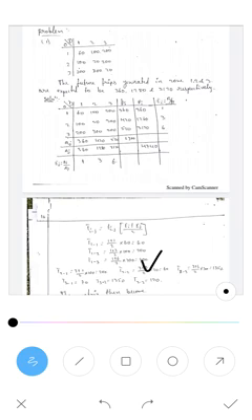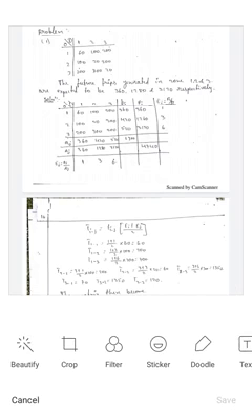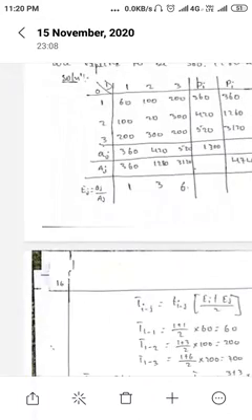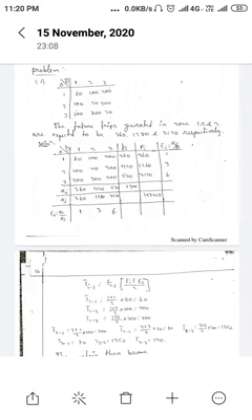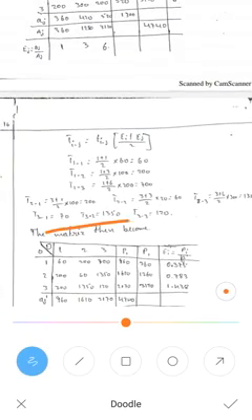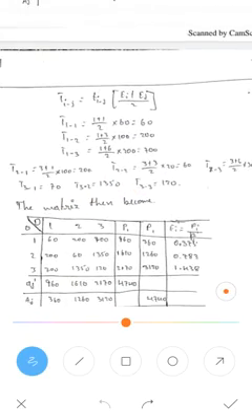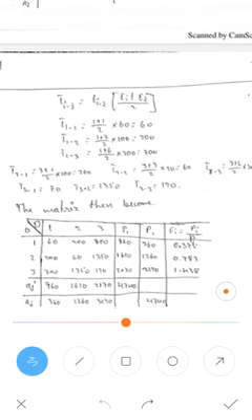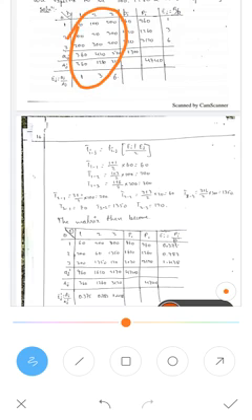Next, after doing this, see after doing till here, what you have to do is, whatever the table is there, the middle one you write as it is.